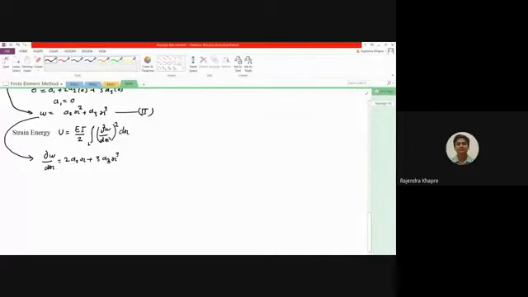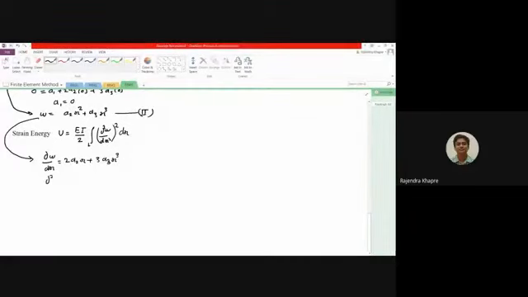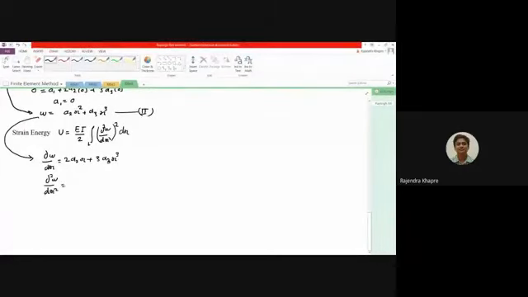Then again, if you take the derivative of this, this will be d square w by dx square. This is going to give you something like 2 times a2 plus, I think I have made a mistake over here, this should be x square, not x cube. So this will be 6 times a3 into x. Am I right? Is this correct?